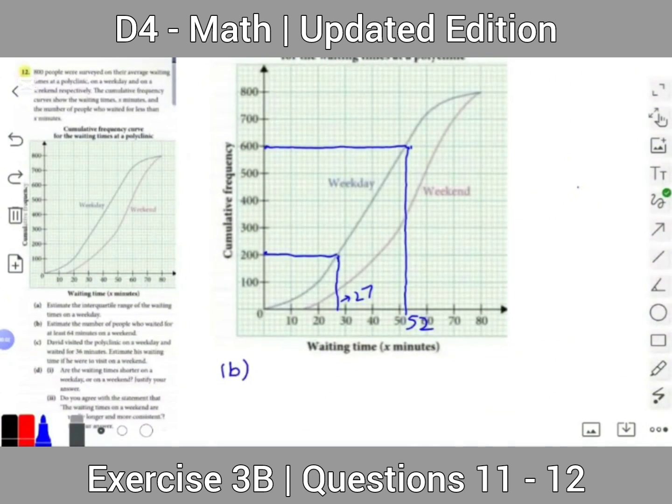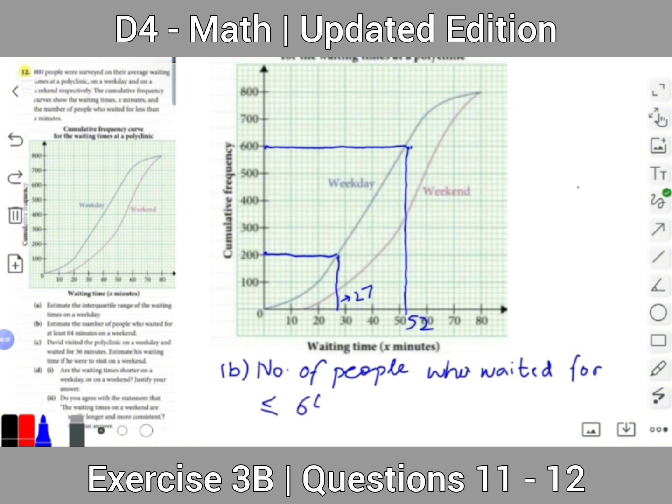Now in part B, estimate the number of people who waited for at least 64 minutes on a weekday. So from the graph, we first find the number of people who waited for less than or equal to 64 minutes.